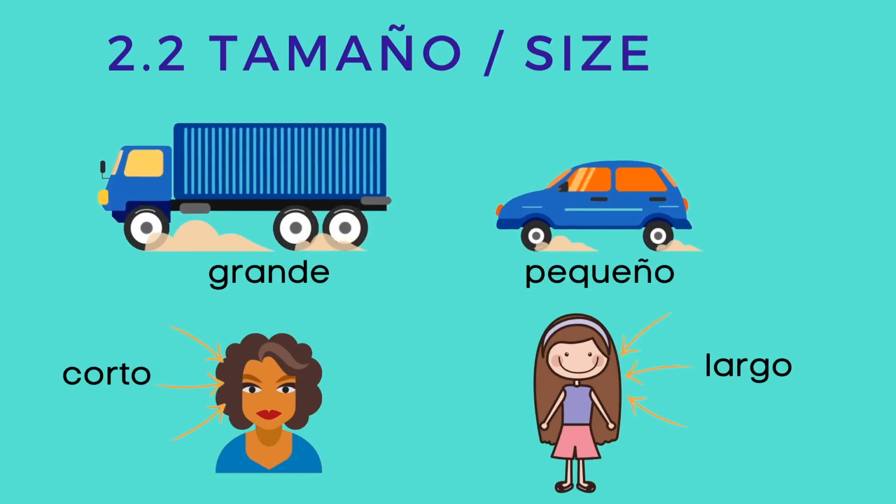This woman's hair. Corto. And what about this girl's hair? Largo. Largo, corto. And if you could notice, we talk about opposites at the same time. Grande, pequeño. Corto, largo.